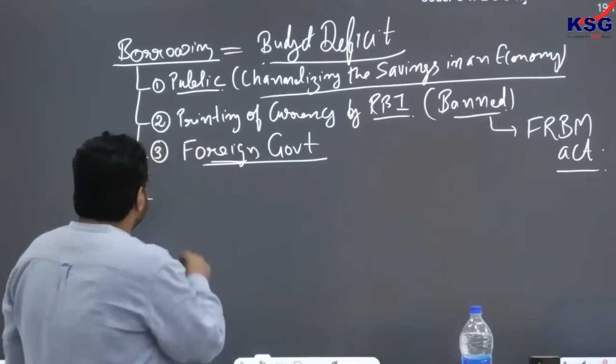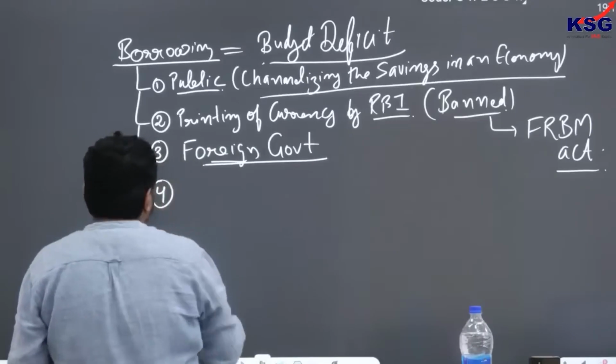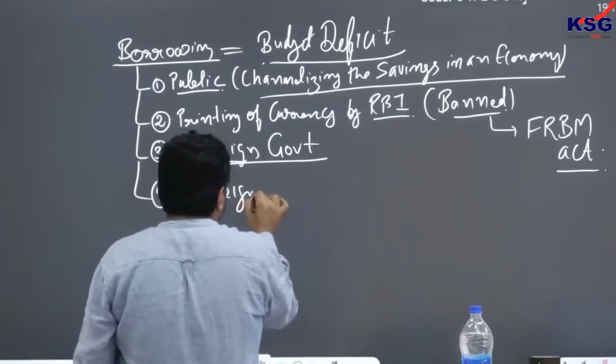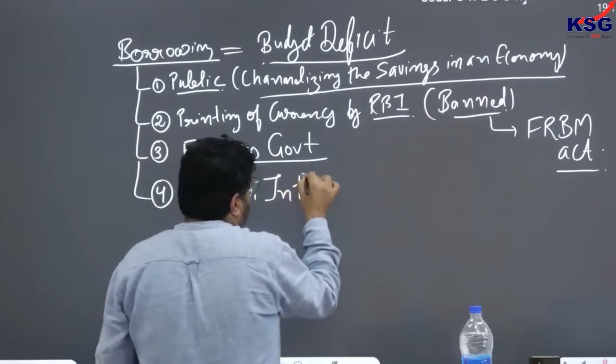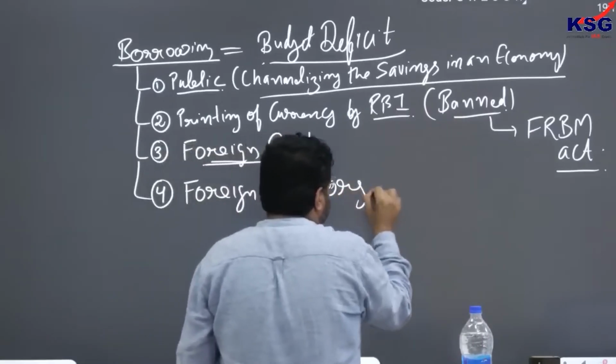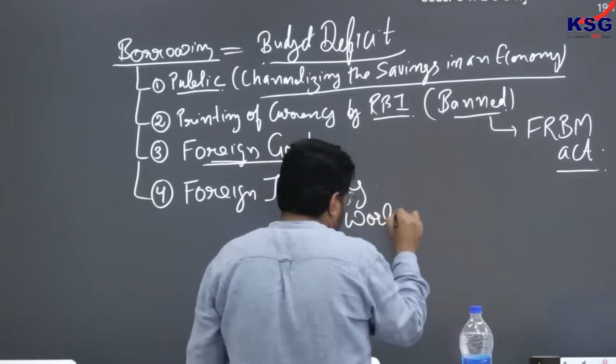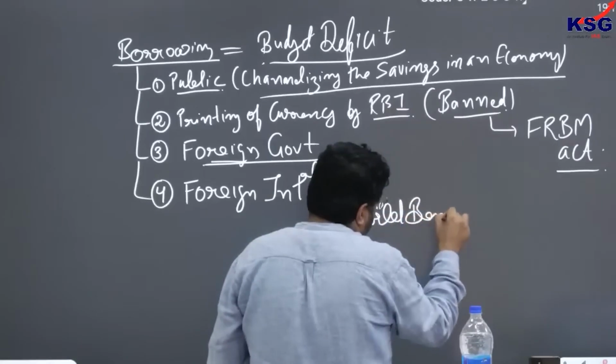Number 4, Government of India used to take borrowing from international organizations. Example, World Bank.